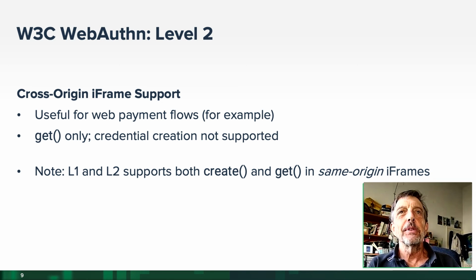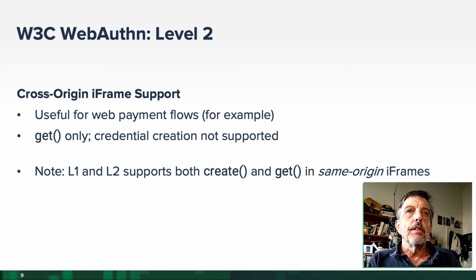And also in level 2 at the web authentication API layer, we've enabled cross-origin iframe support. This is done via what's called permissions policies, which are a feature in the web platform where an embedder can set policy on embedded frames in their web page.